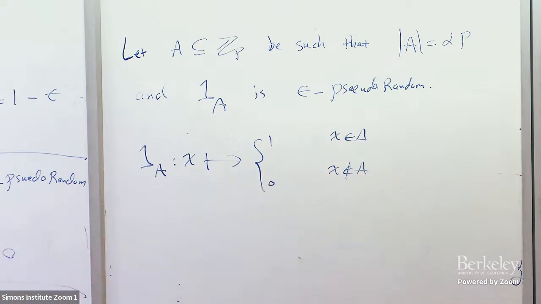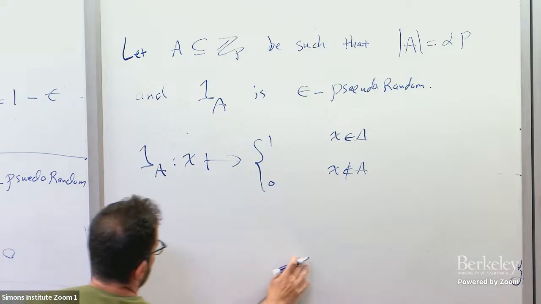I'm interested in counting the number of three-term arithmetic progressions in A. So let's look at that, and I'll count it in a normalized way.